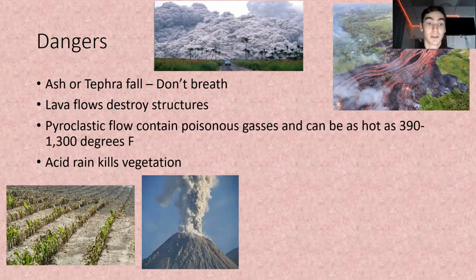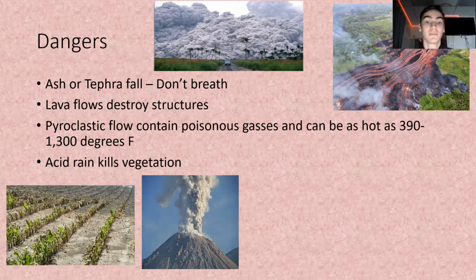The dangers that come from these volcanoes include ash, lava flows, pyroclastic flows, and acid rain. Ash is very dangerous, and you really do not want to breathe it in, as it contains many small particles of sharp glass and dust and tiny bits of rock.